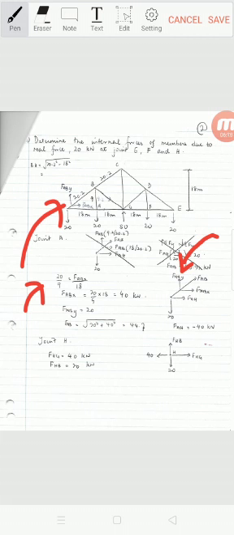From this FABY, we can determine the FAB in X direction by using the mathematical triangle. So we have 20 times 18, because 20 is in Y direction, so we want to change it. We want to find the X direction.